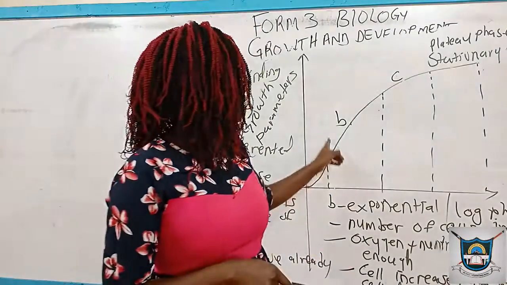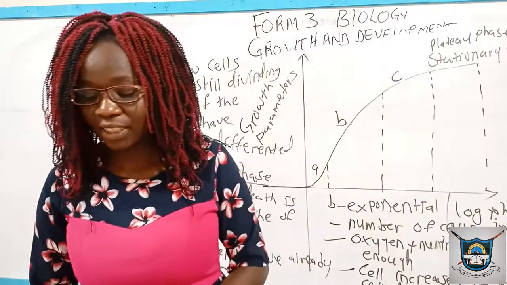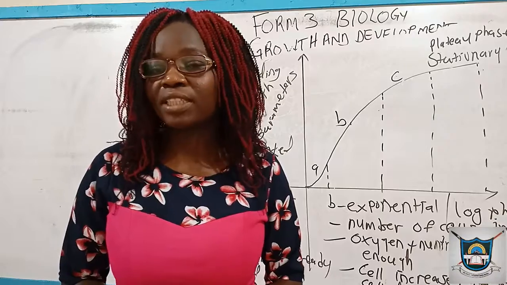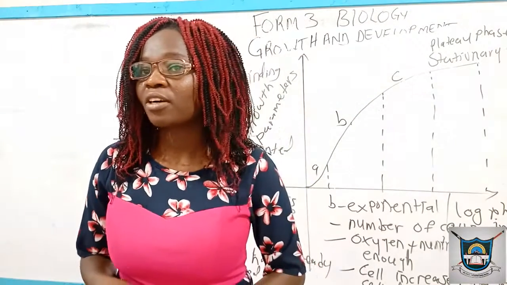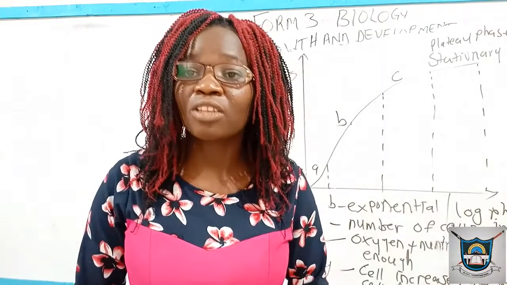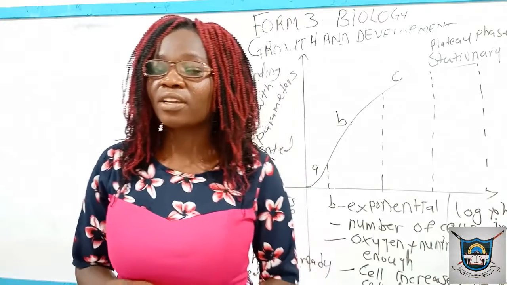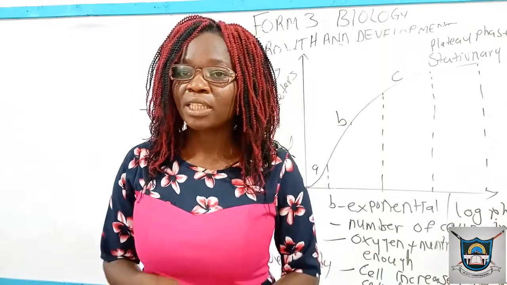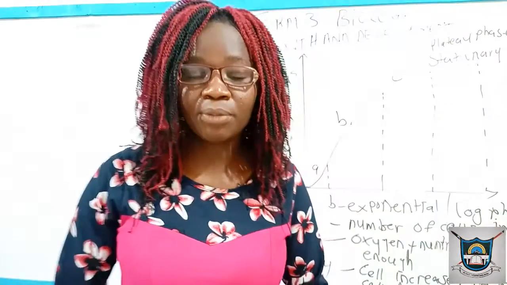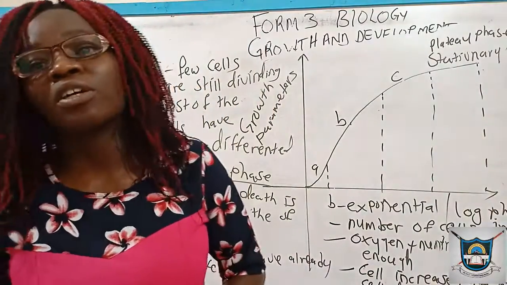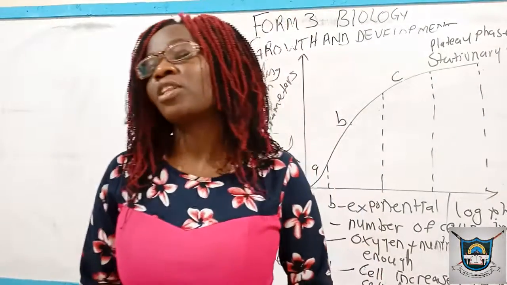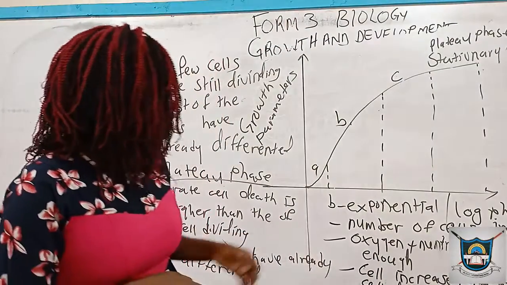Then the second phase is the exponential phase, and it is also called the log phase. During this log phase, the rate of growth is very high, and it is directly proportional to the amount of materials available in the organism, and it may be caused by, one, the cells have already adapted to the environment, as we have seen.